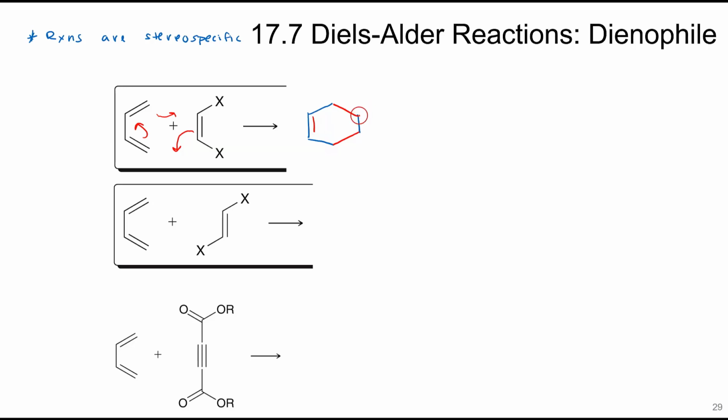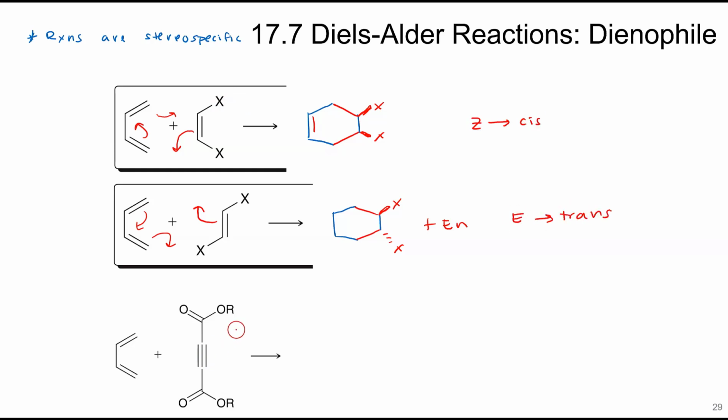Your halogens will be on the same face as each other, so they won't switch to trans all of a sudden. In this reaction, it's going to be the same thing. If you had the E alkene, you'll have one up and one down, plus you would also get the enantiomer. So if you started with the Z, you get a cis. If you start with E, you get trans.